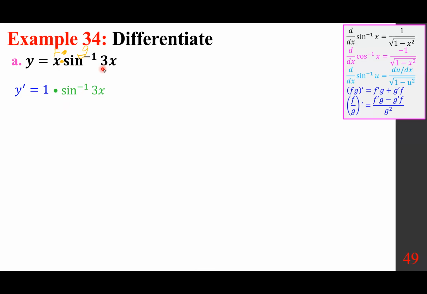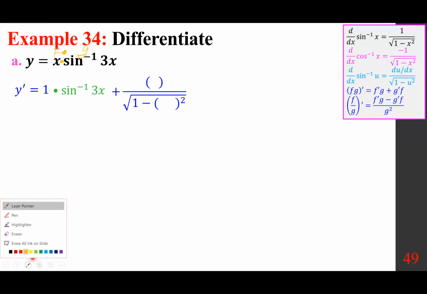Take a look at the sine inverse and write it in this fashion, class. What happens here is that you have to put the 3x in here. Over here, it's 1. However, if you're taking the derivative of sine inverse of u, call this u or g of x.